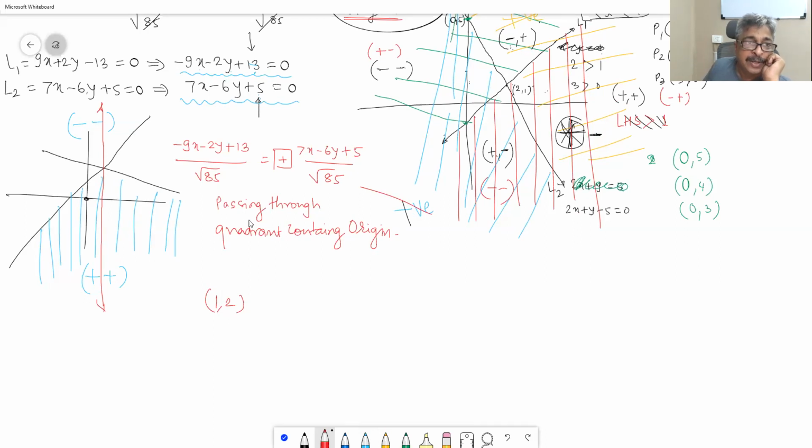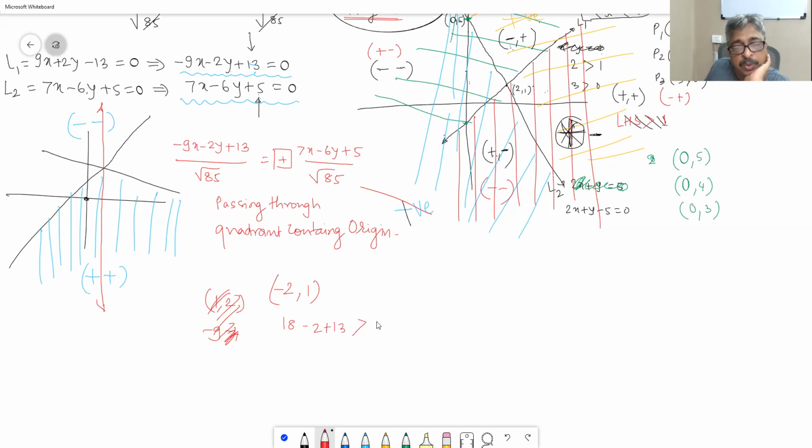We should check. Minus 9, minus 4. Oh, 1, 2 is the point of intersection. Say minus 2, 1, the quadrant containing minus 2, 1. What is the substitution here? 18 minus 2 plus 13.